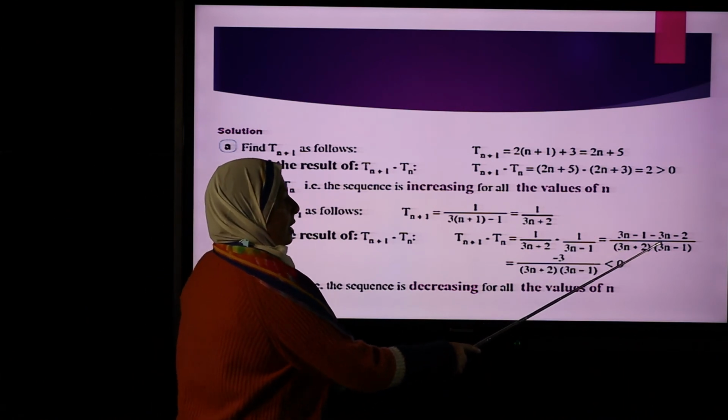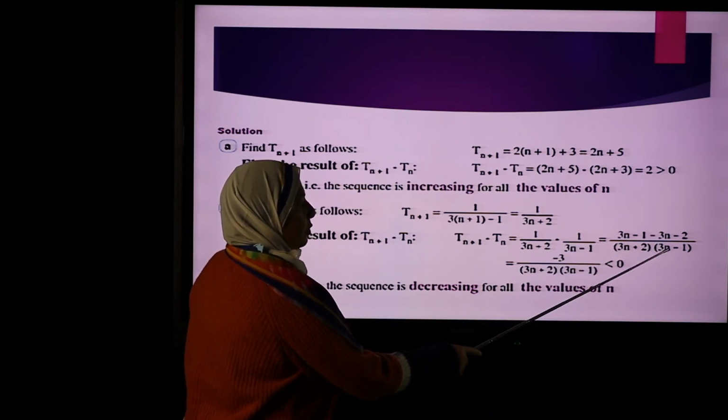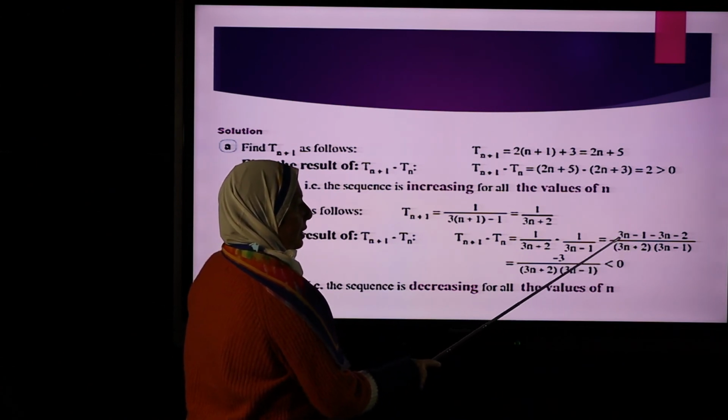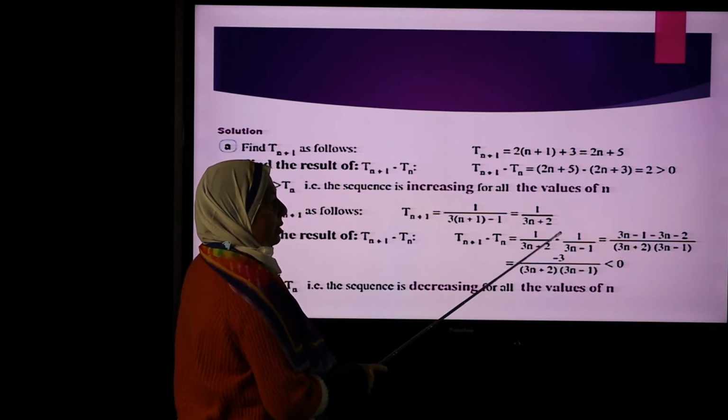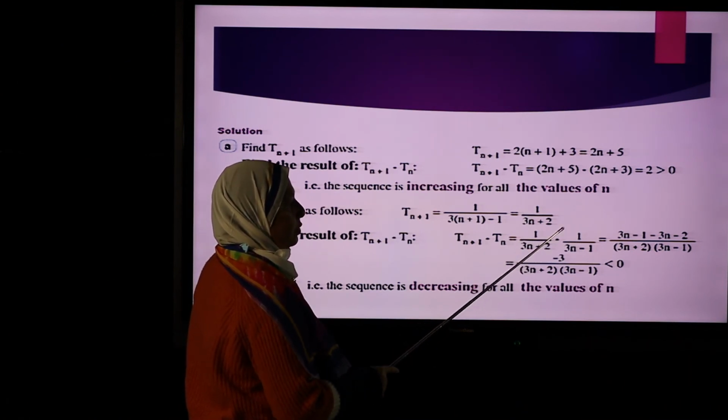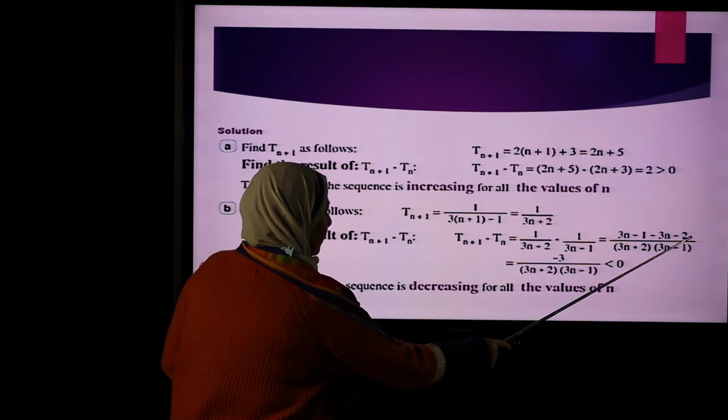Therefore, multiply by the denominators: 3n minus 1 times 1 minus (3n plus 2) times 1. Okay?